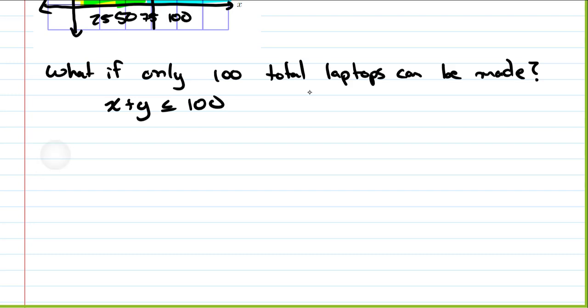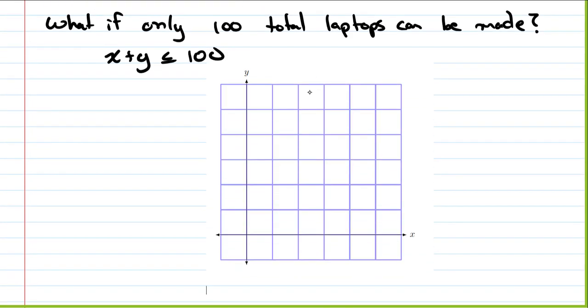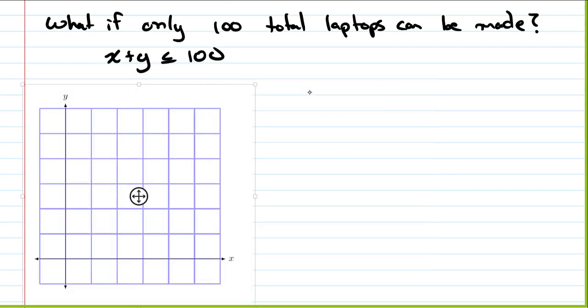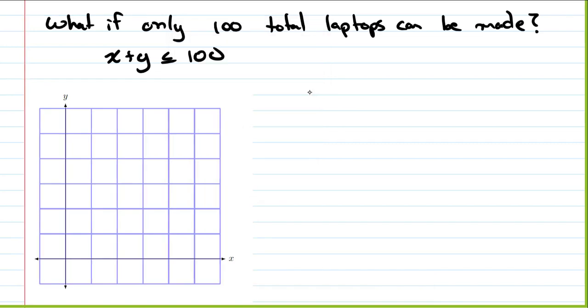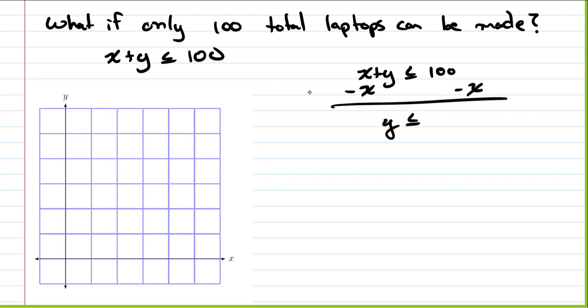So if we look at our graph again this time, we could do this one of two ways. So we have x plus y is less than or equal to 100. And minus x, I could minus x. And that gives me y is equal to negative x plus 100.